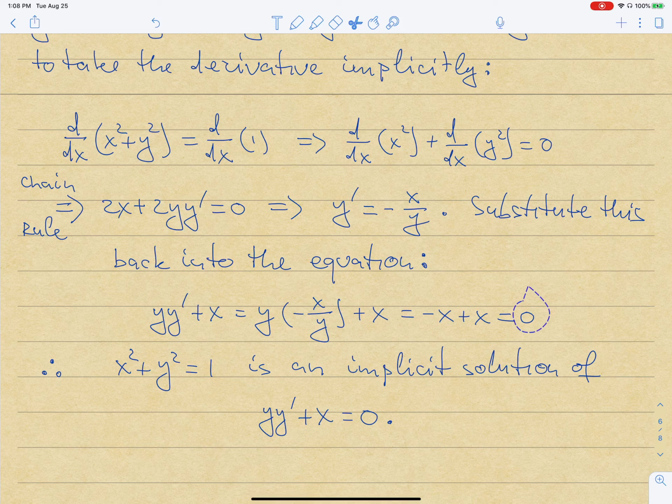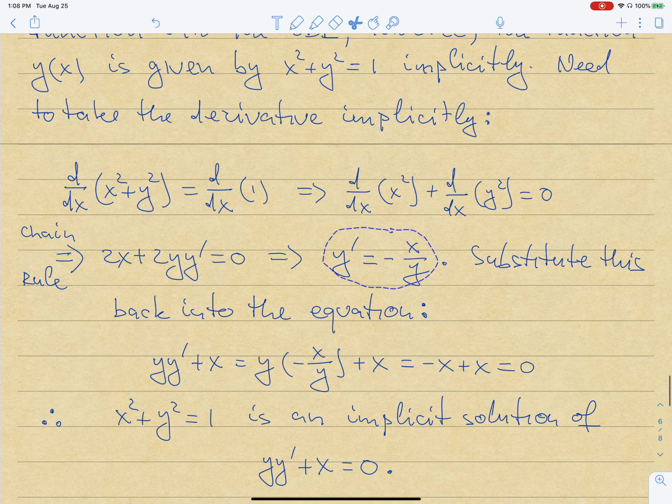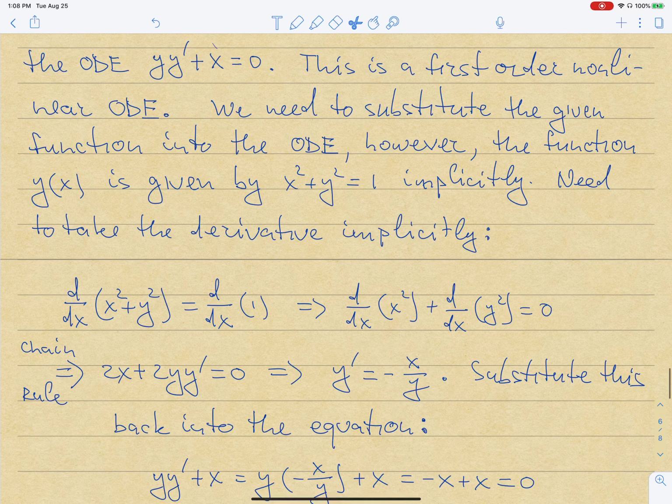So that means that our function is an implicitly given solution of our equation. Now, in fact, the ODE given by this implicit derivative is exactly the same as the equation written here. And I can easily see that simply by multiplying by y and adding x to both sides.